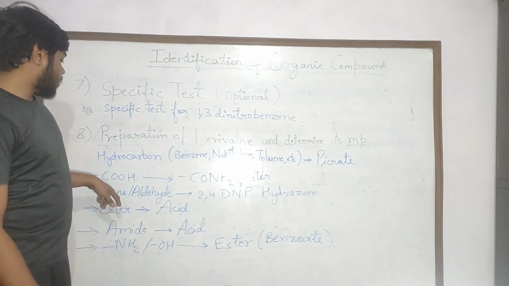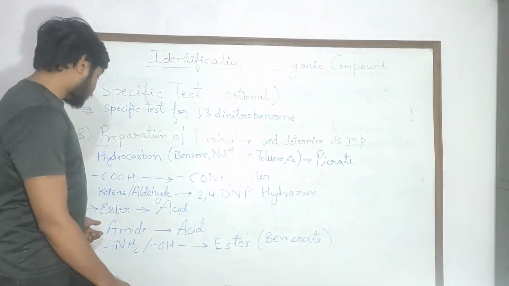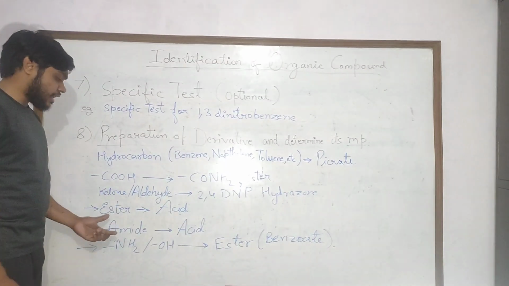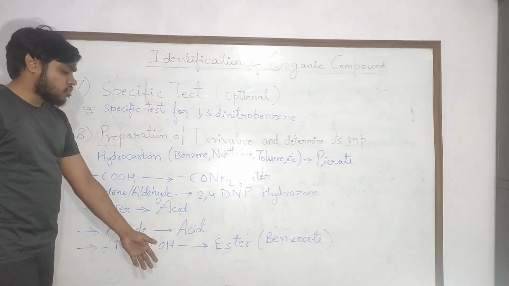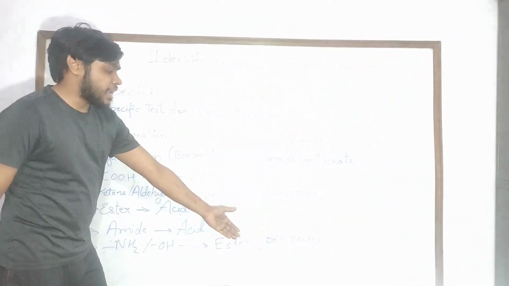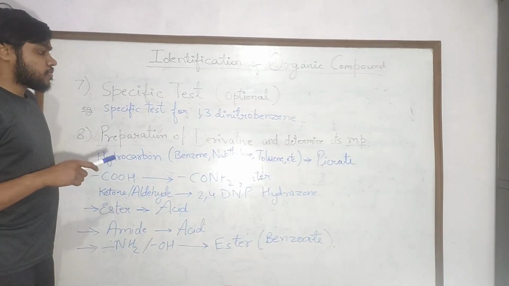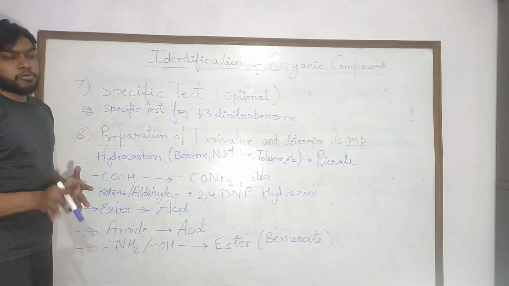If your compound is a ketone or aldehyde, you can make a 2,4 DNP hydrazone derivative. If your compound is an ester, you can make an acid. If your compound is an amide, you can make an acid. If your compound is an amine, alcohol, or phenol, you can make an ester, such as a benzoate ester, by reacting it with benzoyl chloride. Then you can determine its melting point to confirm the compound.